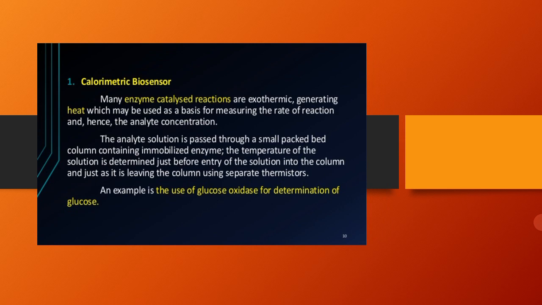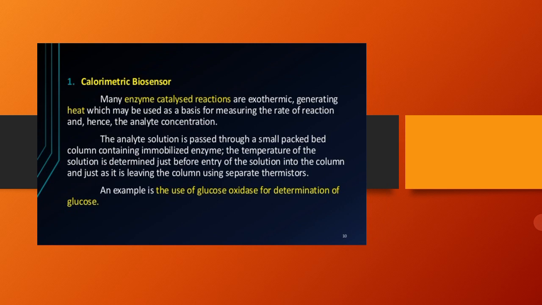The analyte solution is first passed through a small packed bed column containing immobilized enzymes. As I mentioned earlier, the receptor biomolecule can be an immobilized enzyme or resins, the polymers.